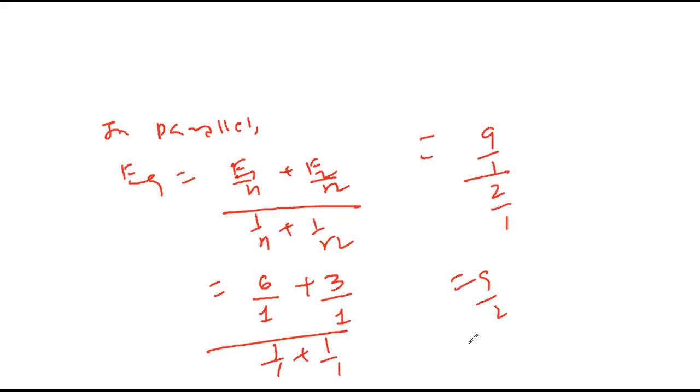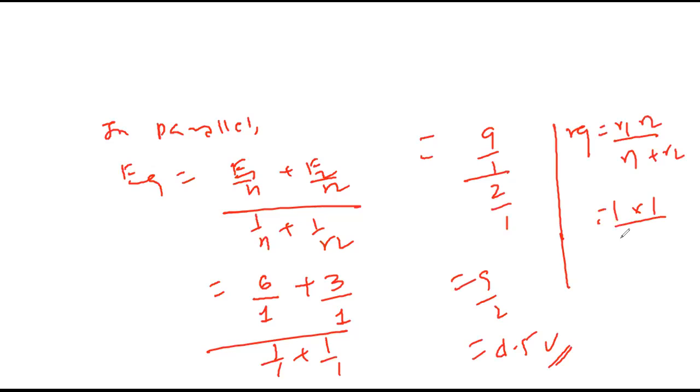So 9 by 2, 4.5 volt. Followed? And R equivalent will be product upon sum because there are only two resistances in parallel. 1 into 1 upon 1 plus 1 equals 1 by 2. Everybody has followed this, finding equivalent EMF and resistance?